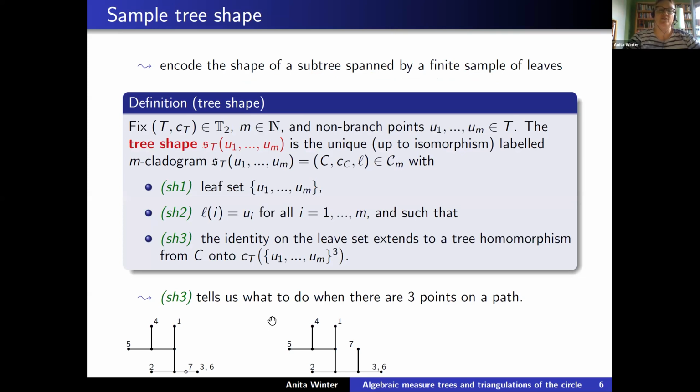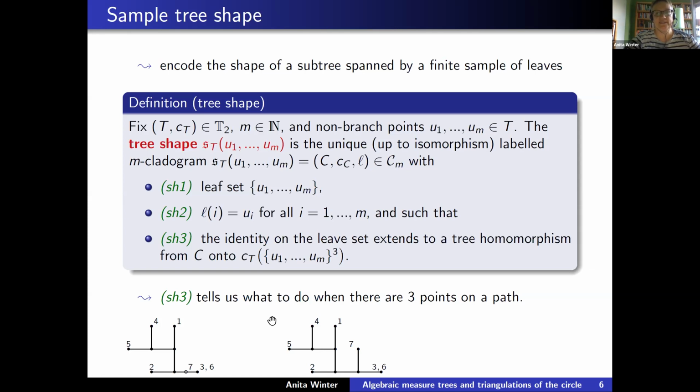And then we define the tree shape spanned by these m points as the unique labeled m-cladogram which satisfies 3 conditions. First, the leaf set should consist exactly of the leaves in our sample. Secondly, the labeling map should be canonical, in the way that we send i to the leaves sampled in the i-th round in our sample.